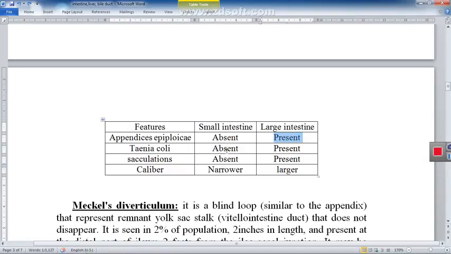Tinea coli are present in the large intestine. They are not seen in the small intestine, and sacculation is a feature of the large intestine, not the small intestine. In addition, if you have an empty small and large intestine, definitely you will see that the large intestine is wider than the small intestine.